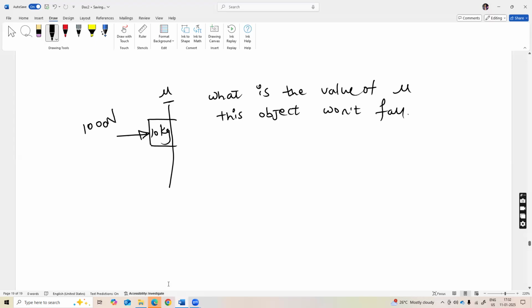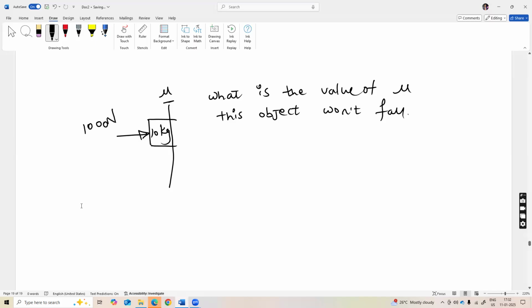Sir, can we take mu equal to mg, because according to the free body diagram, mu minus mg is equal to 0? So mu is equal to mg, so 10 into 10, 100.